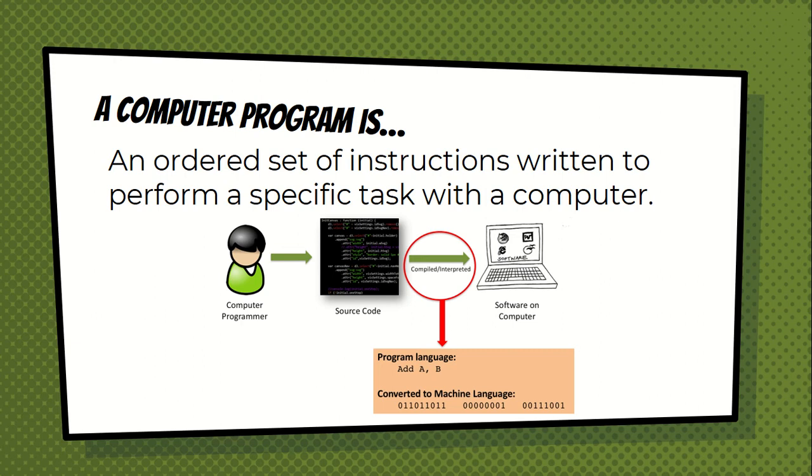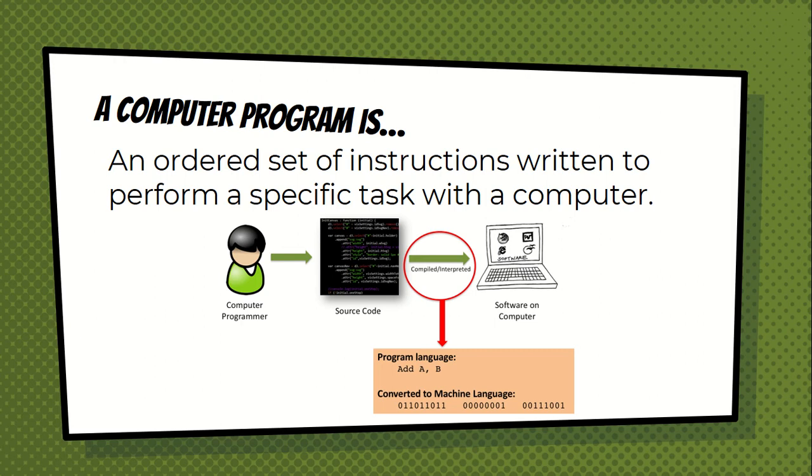And that code is meant to help the computer perform a particular function, whether it be playing music or doing word processing or playing a game or whatever that might be. At the end of the day, our code has to be interpreted or compiled by the computer, and the computer converts our code into its own language, which is machine language or binary, that you might remember learning a bit about from your Year 7 and 8 digital technologies.